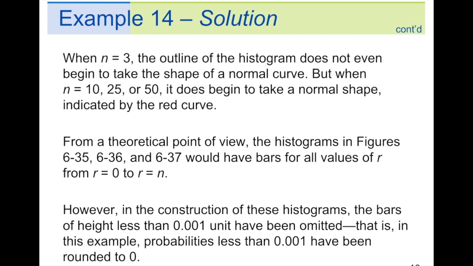From a theoretical point of view, the histograms in those last 3 figures would have bars for all values of r from r equals 0 to r equals n. However, in the construction of these histograms, the bars of height less than 0.001 unit have been omitted, that is, probabilities less than 0.001 have been rounded to 0.